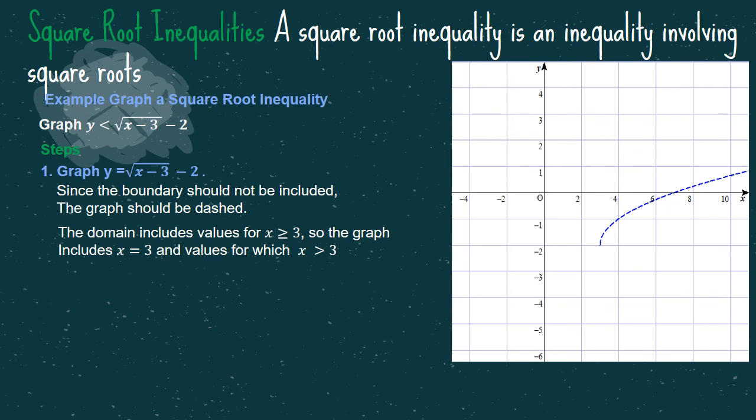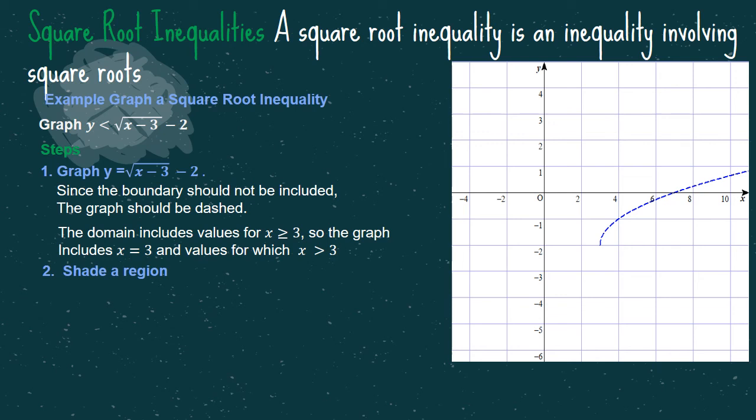You obtain it by making a table of values for 3 or any value greater than 3, and when you plot the points, the graph is going to look like this. Notice that the graph is dashed, it's not solid. Why is it dashed? Because the boundary, like we discussed at the beginning, is not included.